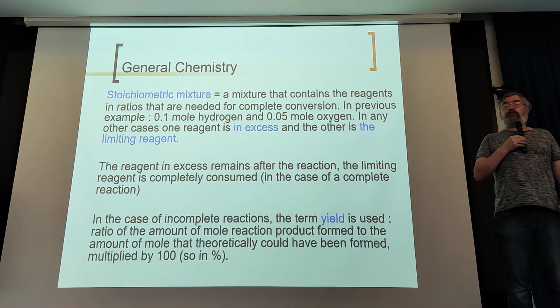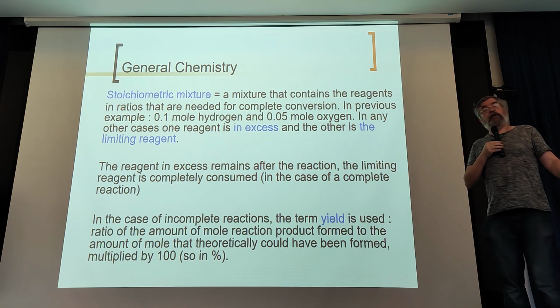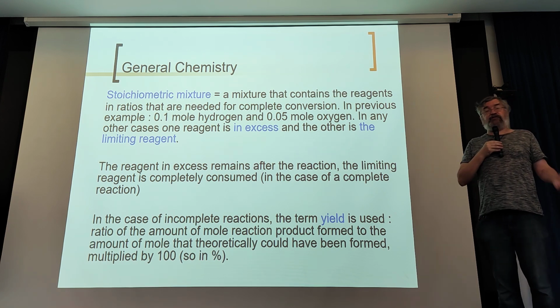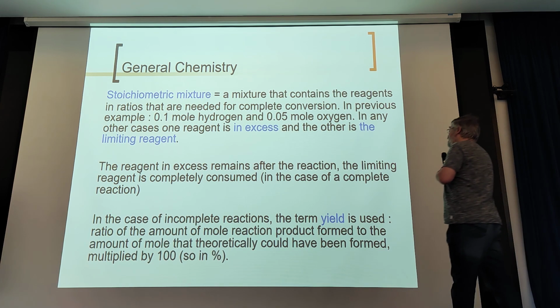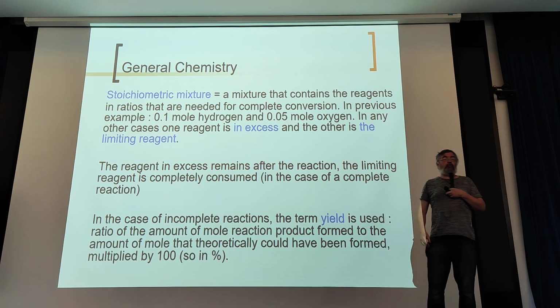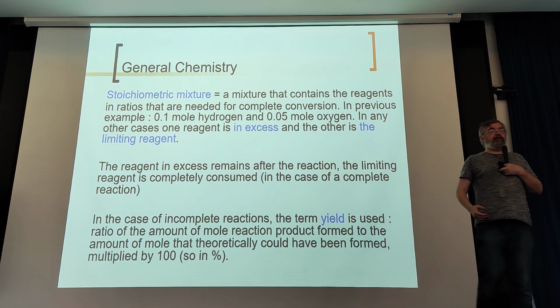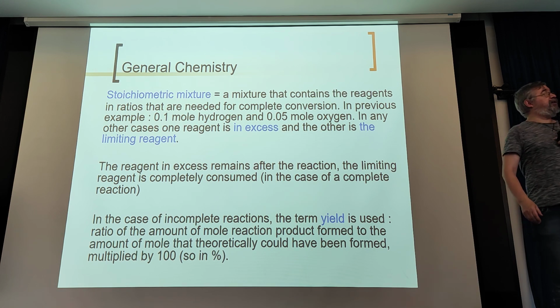In such a situation, all of the reagents will have reacted after the reaction. There are no more reagents left. None of them was in excess, none of them was limiting. It was a stoichiometric mixture. But in all of the other cases, there will always be a reagent in excess and a reagent that is limiting.